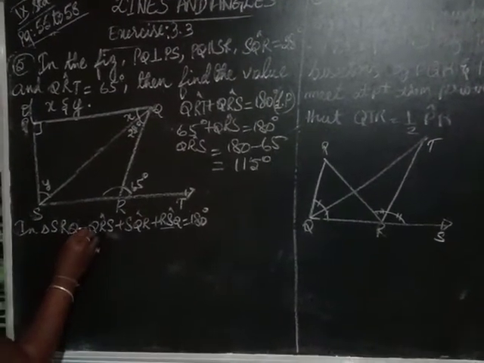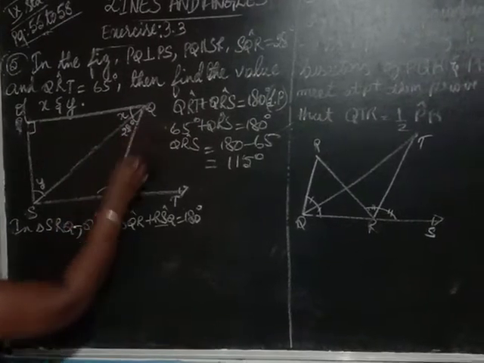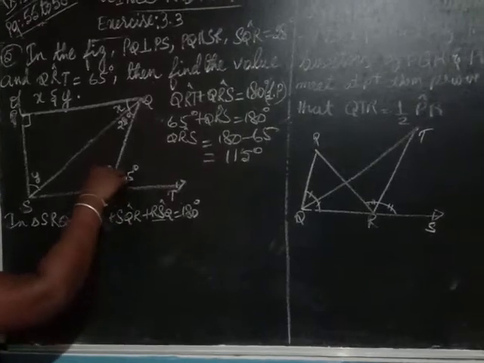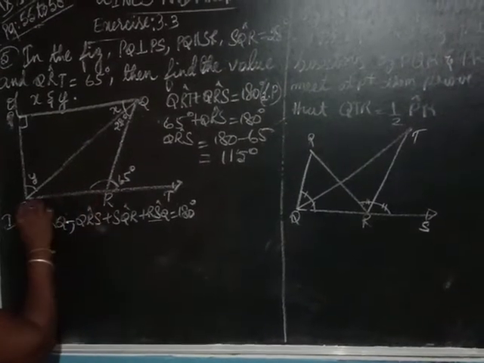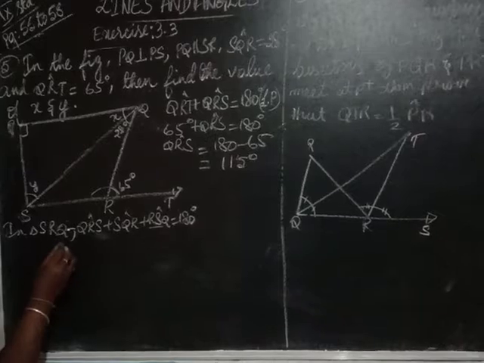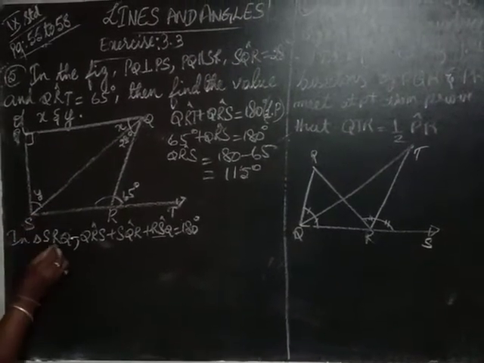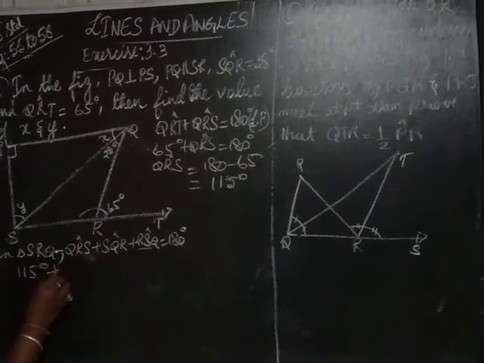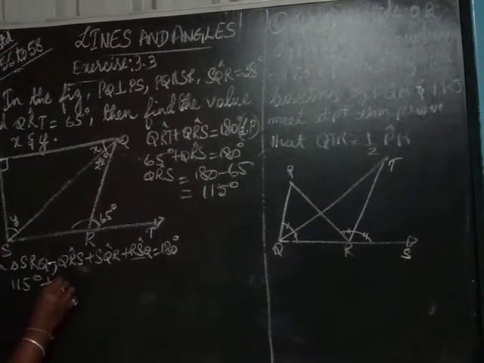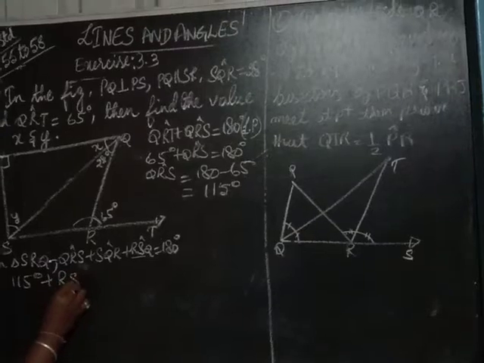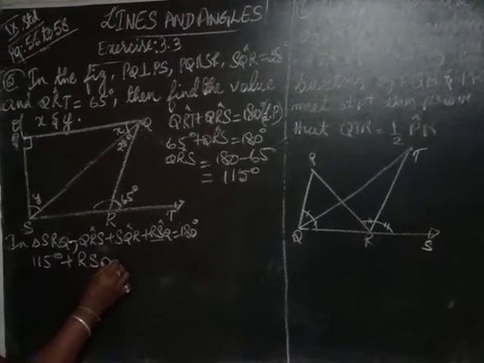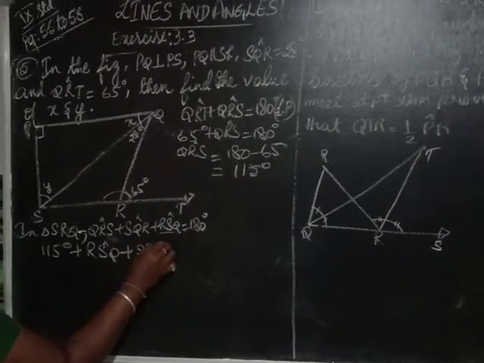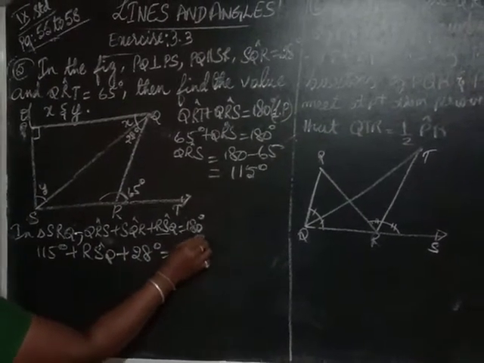Okay, now let us take a triangle SRQ. In SRQ, QRS plus SQR plus RSQ is equal to 180. QRS we just got 115, plus RSQ, which we have to find out, plus SQR is 28 degrees, is equal to 180 degrees.